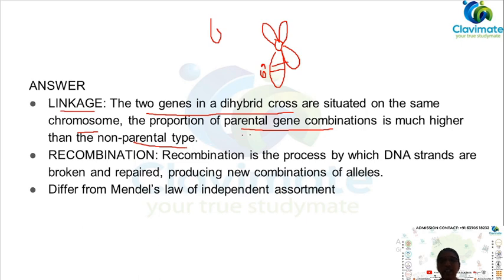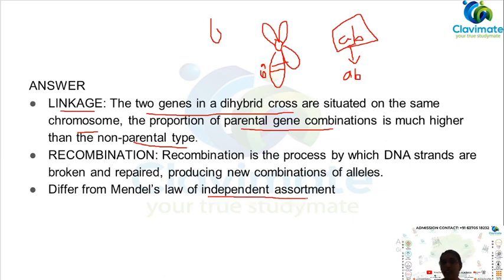That is, when the parent has small a and small b, the majority of the offspring will always be small a and small b. So this is linkage, that is, they both are linked together, and it differs from Mendel's law of independent assortment.